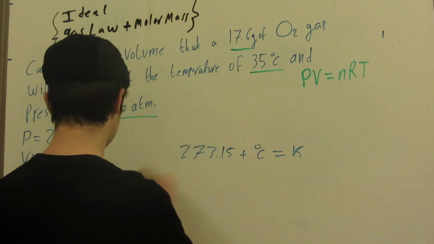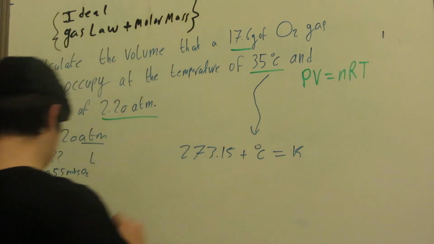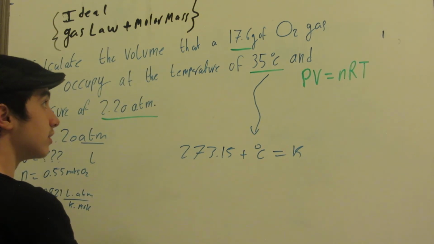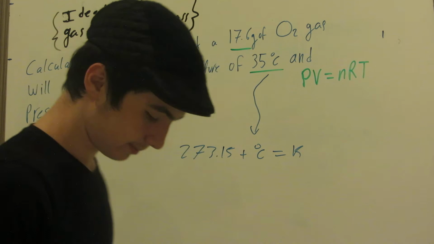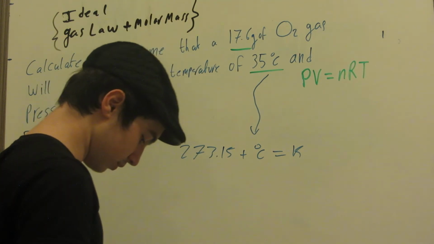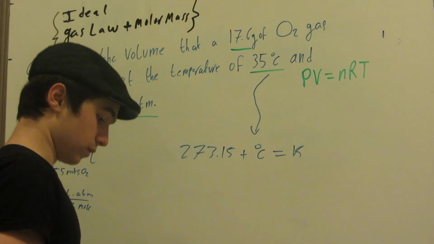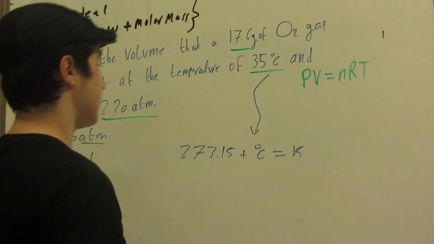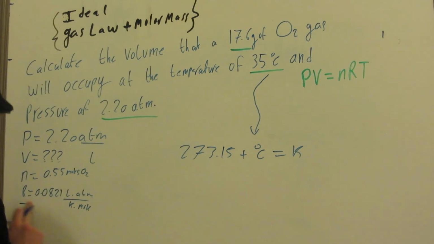Now we replace the number for T. So 273.15 plus 35 equals 308.15. That's great. Not great, not terrible.